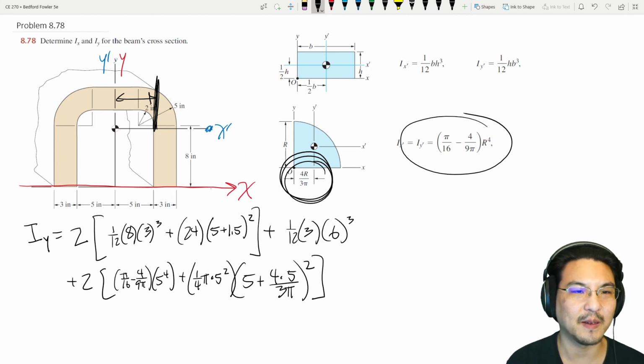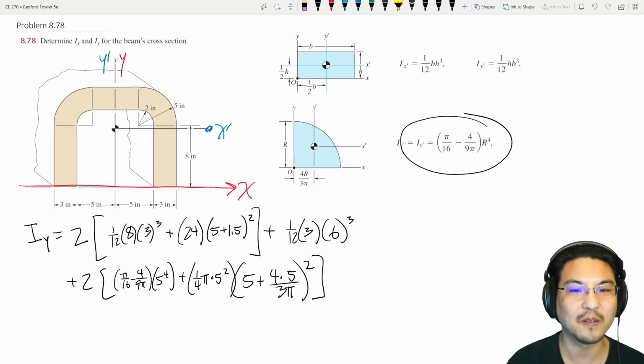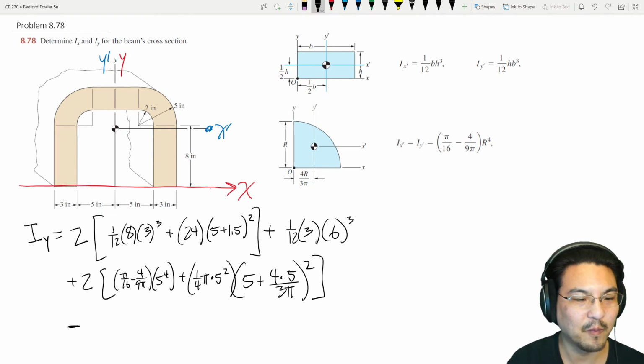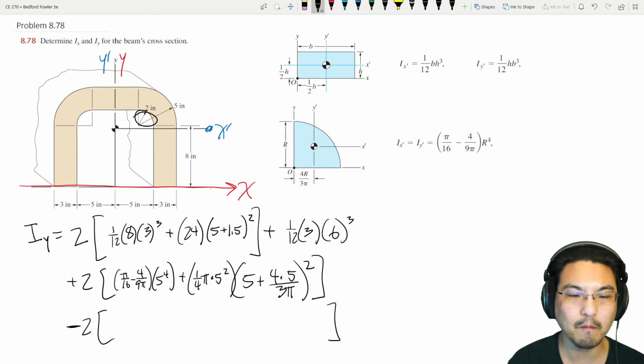Okay, now the quarter circle cutout would be negative, and there are 2 of them. I'll put the 2 already. Okay, so for the quarter circle, about its own y-axis going through the centroid is right here.